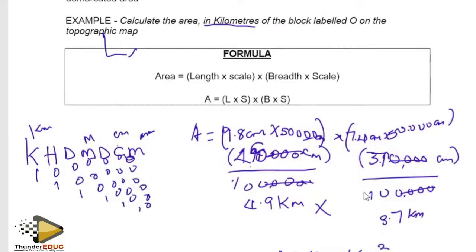Meaning to say, if I'm moving from here to here, I will divide by the spaces, the numbers are here. You see, it's 100,000. That's why here I divide by 100,000 to change the centimeters to kilometers. The same way here, if I'm using meters to kilometer, I will come here and use this number here.